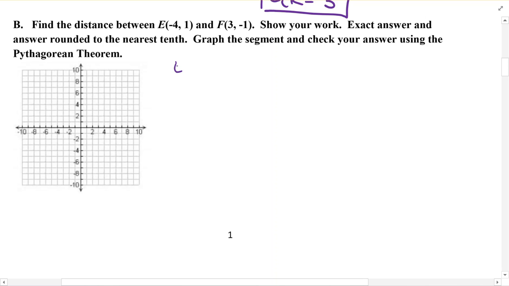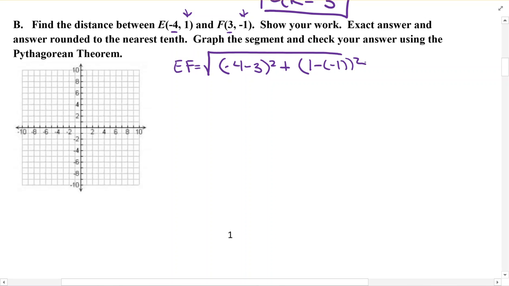So looking at EF, it's the square root of the differences in the x's, so -4 minus 3, squared, plus the difference in the y's, which would be 1 minus -1, squared.